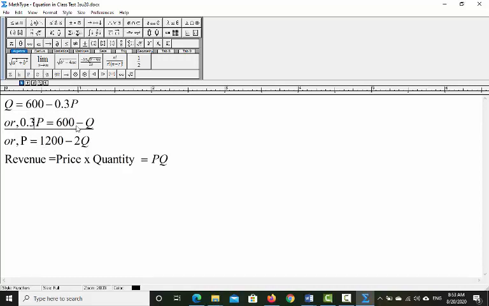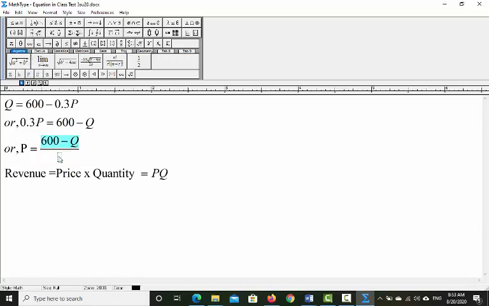In that case we would have to bring it to the right hand side, and it will go into the denominator.